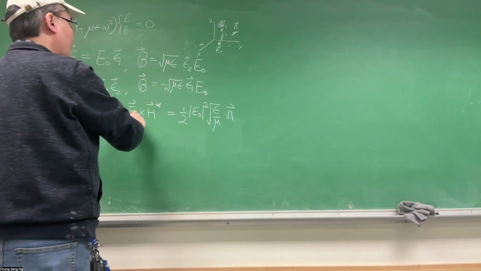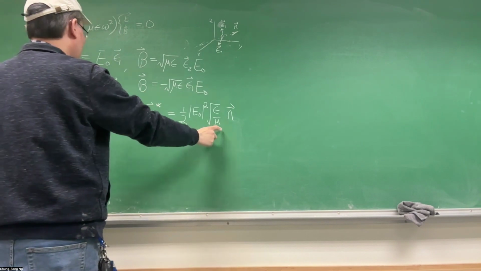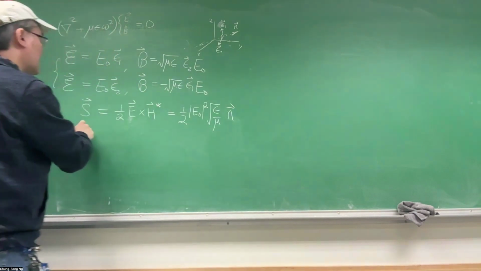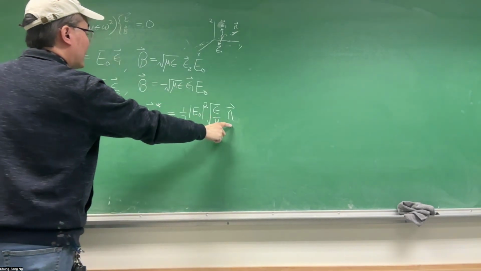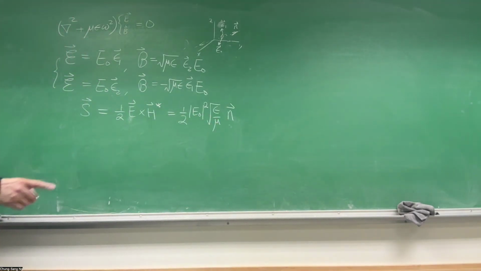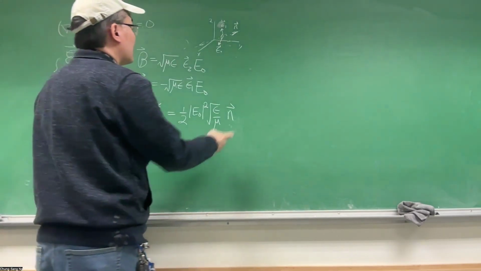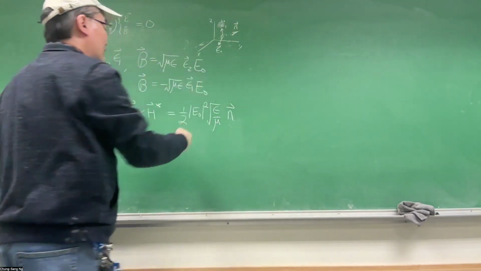So either one of them individually satisfies the same relation for the Poynting vector in the n direction, because we have already chosen one solution. We are not considering this backward one.